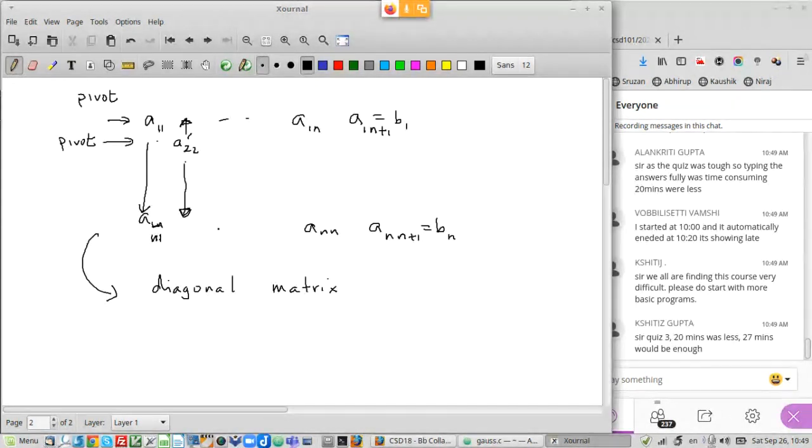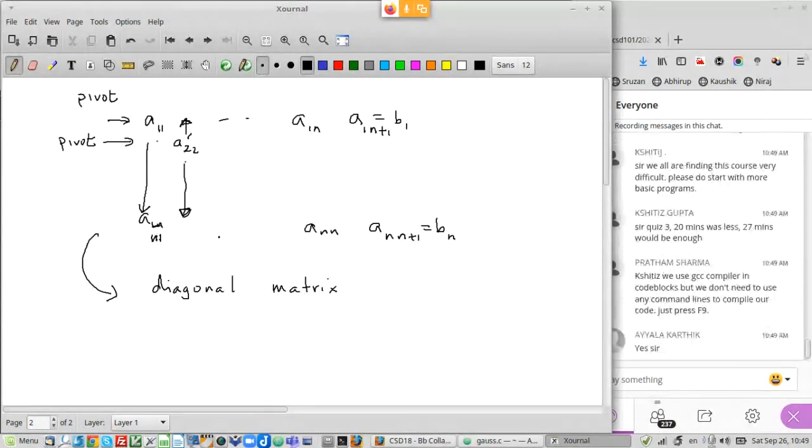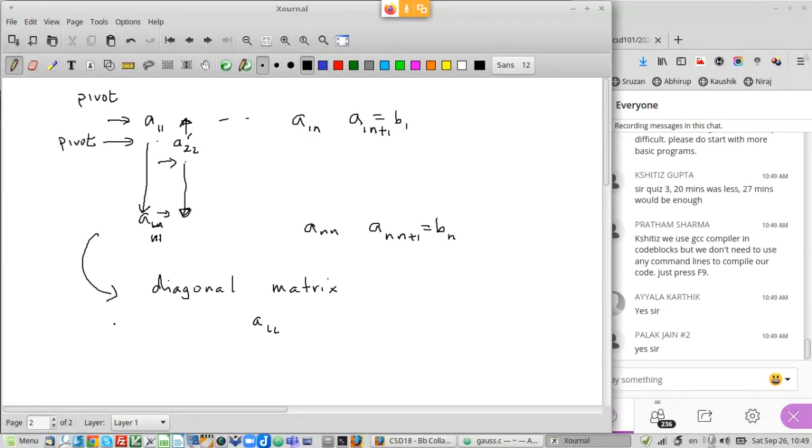So all you have to do is, in the Gauss elimination code, instead of going from this row to this row, in Gauss elimination, what is happening? Things are already 0 before you, and let's say this is your pivot row now. So you are here and this is your elimination row.